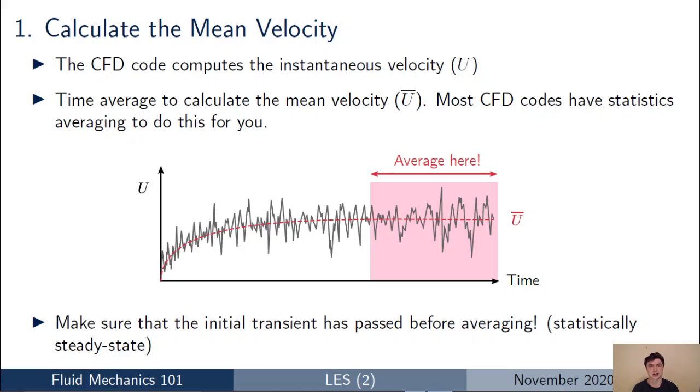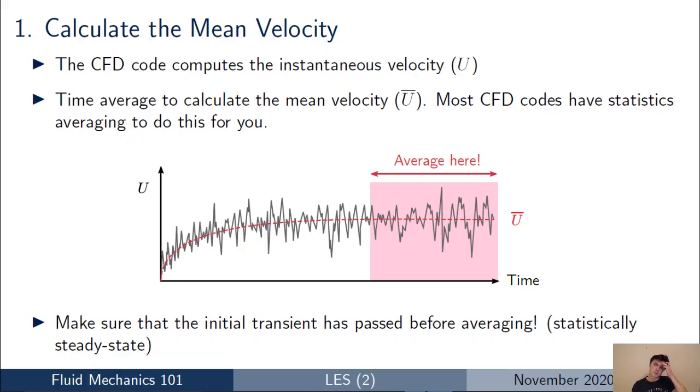And the first stage in our process for assessing the mesh is we're going to do a time average of that signal to calculate the mean velocity, which I'm going to call U bar here, although some references will use triangular brackets instead of an overbar. And of course, when we do the time averaging, what you want to do is make sure that the simulation is sufficiently converged for you to carry out your time averaging.